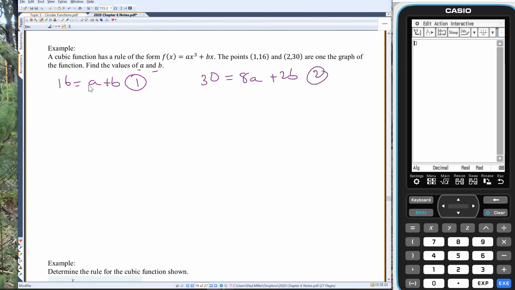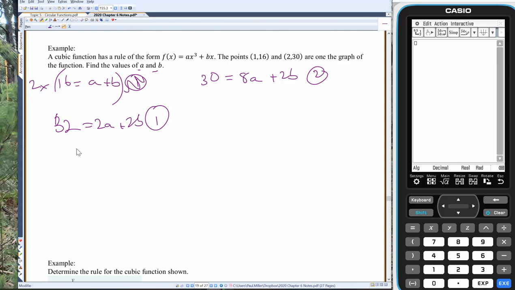There's equation 2. To eliminate, I'm going to eliminate b. To do that, I'm going to multiply this by 2. So that's 32 equals 2a plus 2b. Then I'm going to replace the name 1 with that one there.